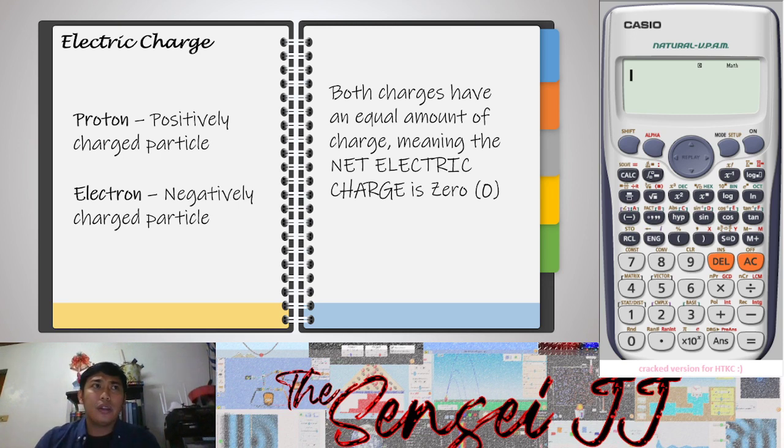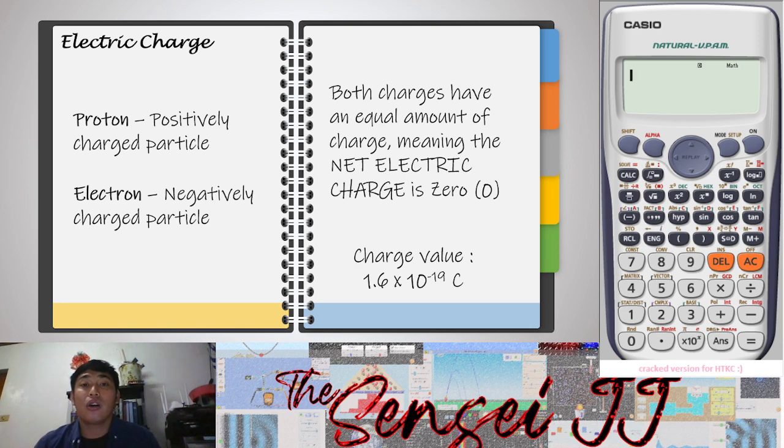Okay, so sir, why did you say that both the proton and the electron have the same charge? They have the same value of charge, but they just differ in sign. What do you mean by the sign? It is the charge, meaning positively charged and negatively charged particle. Both of them have a value of 1.6 times 10 raised to negative 19 C. What is that C, sir?